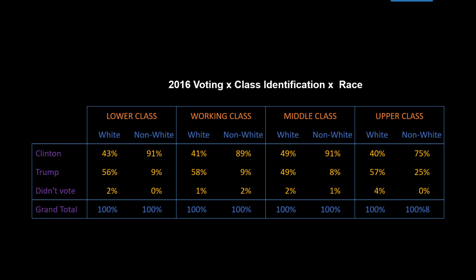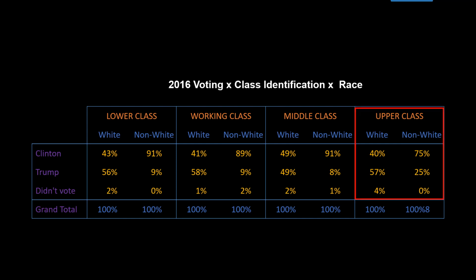Chi-square can only handle two variables at a time. So to test the statistical significance of these observations, you need to conduct 4 separate chi-square tests. One for the lower group, one for the working class group, etc. We're not going to go through that exercise here. I ran the test using SPSS, and as it turns out, the relationship is significant, or continues to be significant, except for the upper class respondents.